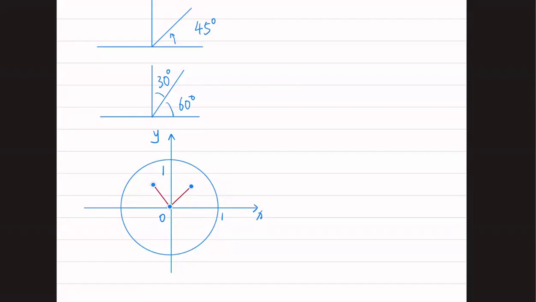Okay, I cannot see through my fingers. Let me make this bigger so we can measure the angle. We can also measure the length of the arc.